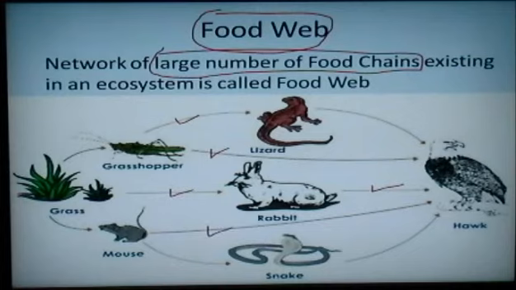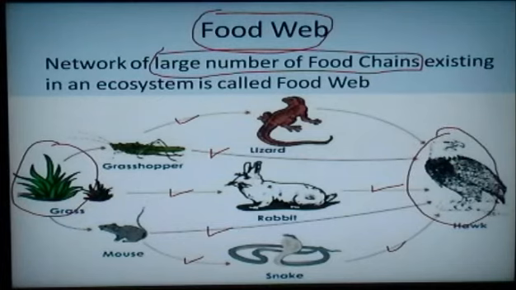Example of food web is shown below. In this food web, we can see a network of numerous pathways along which the food flows within the grassland community. The food web starts from the plant, which is a producer, and ends in top carnivore hawk. There are as many as 5 food chains operating in this food web.